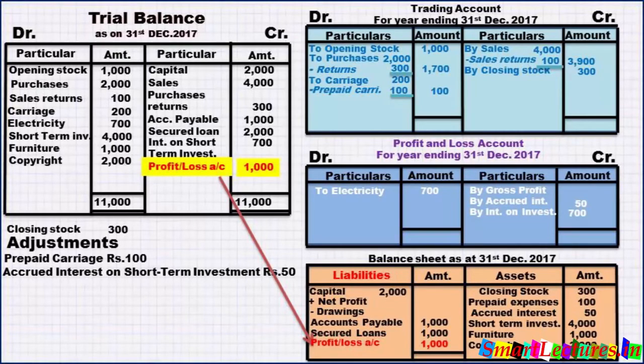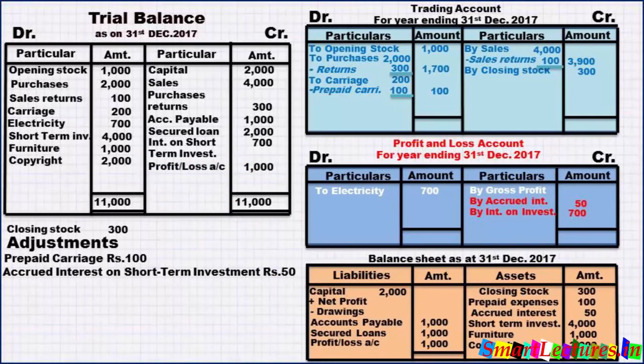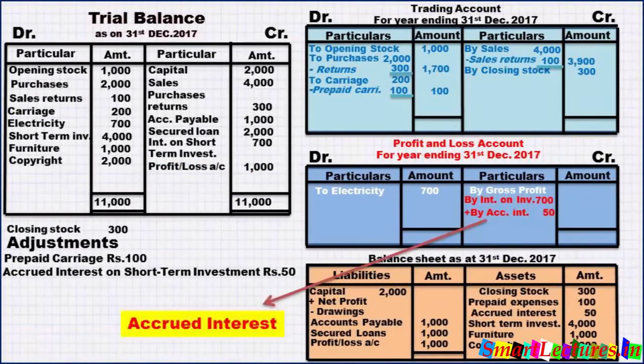So in the profit and loss account, there are two items on the credit side, by interest 700 and by interest 50, that is accrued. So the presentation will be by interest on short term investment 700 in the inner column plus accrued interest 50 in the inner column, and in the outer column it will be 750.